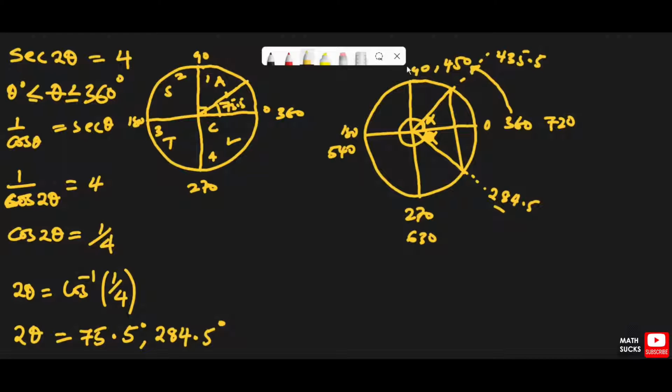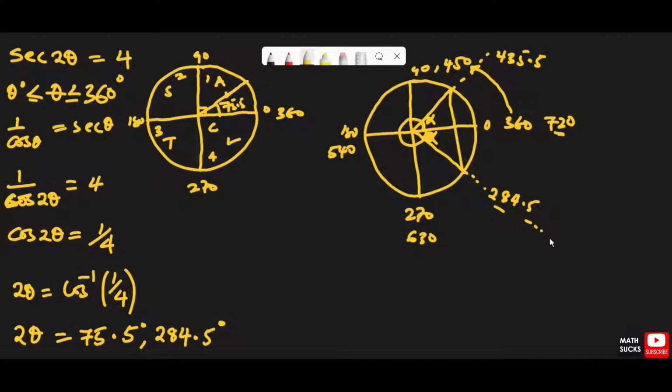So that is another possible angle. If we rotate again, on the second rotation this is 540, 630, and then when we are here, that's going to give us 720.